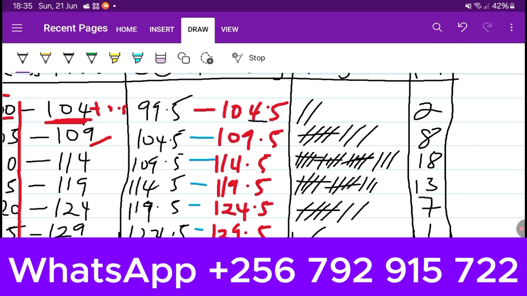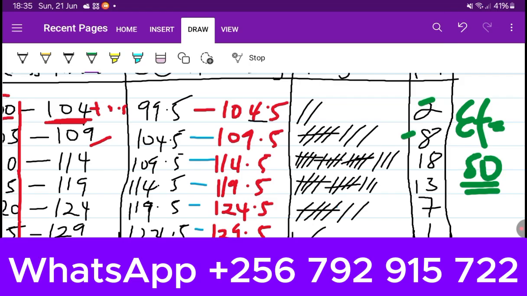So we add the frequencies to make sure that we have the same 50. The summation of f has to be 50 because they gave us 50 observations. So you'll find that 2 plus 8 is 10, plus 18, that is 28. 28 plus this, that is 29, 30.